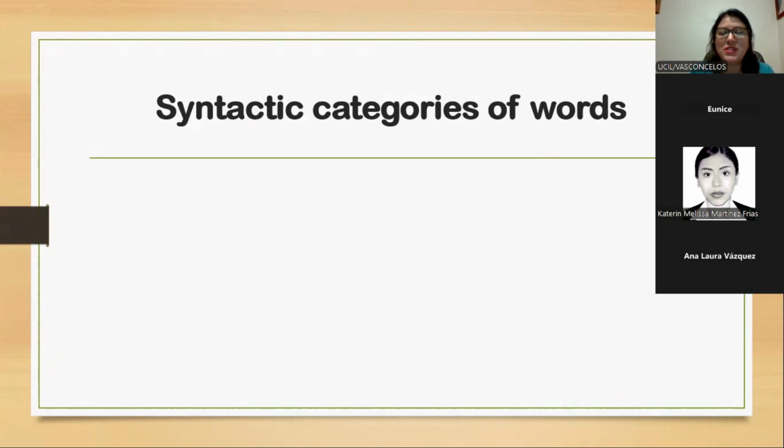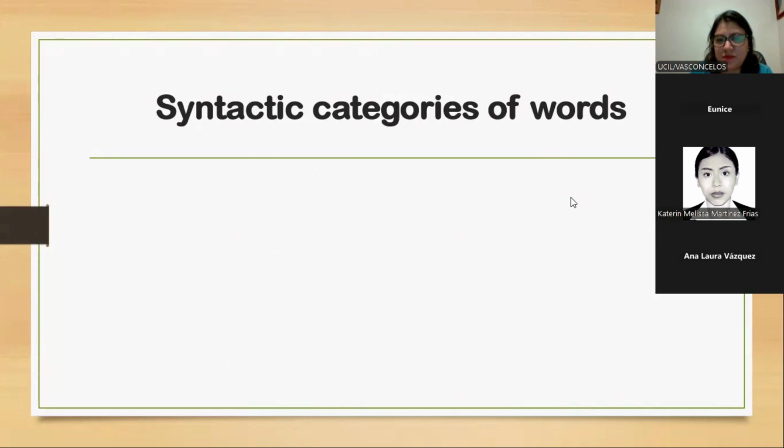Try to participate, teachers. I would like to check how much you read. What are the syntactic categories, or the most common syntactic categories?